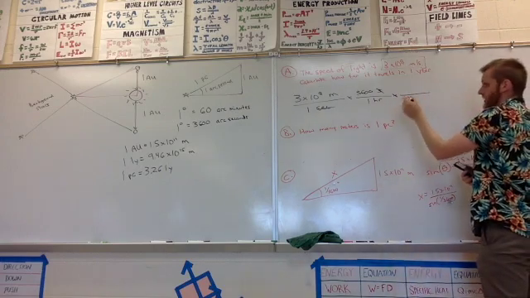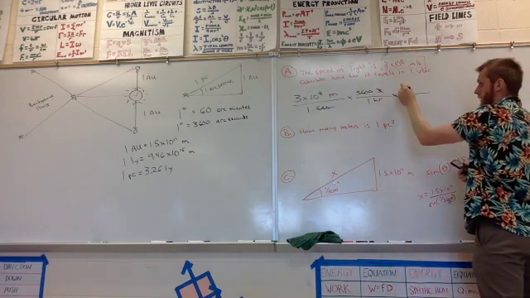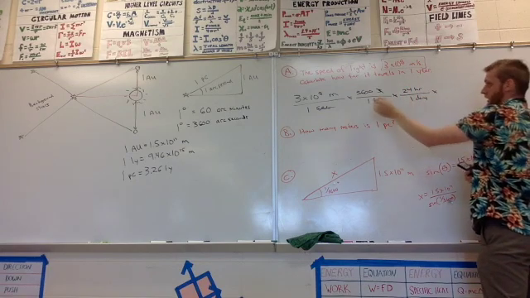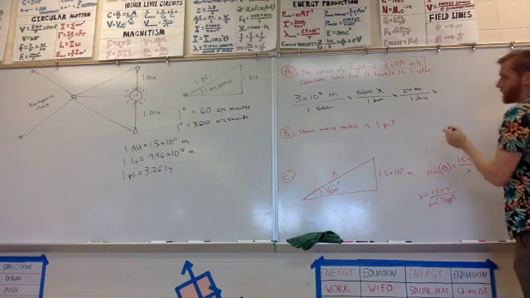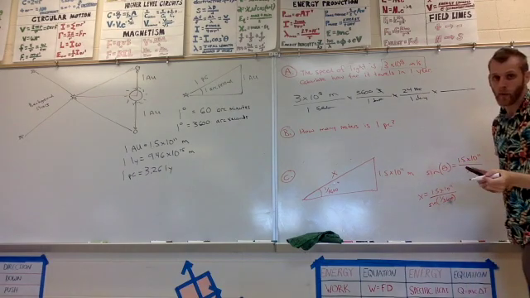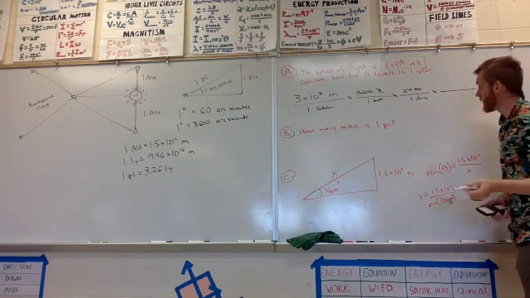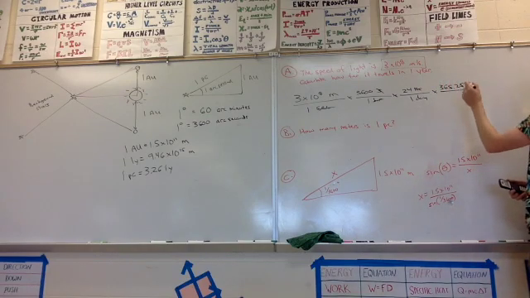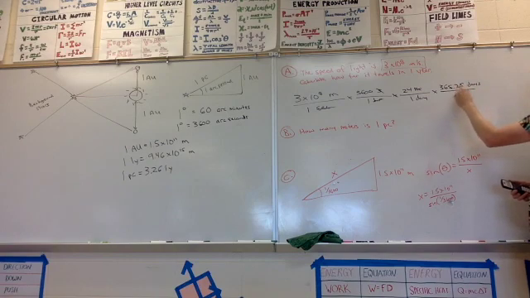Now there's 24 hours in a day, so 24 hours, 1 day. Okay, check. We're left with meters per day, but we want to figure out how many meters per year it travels. So there's 365.25 days in 1 year.